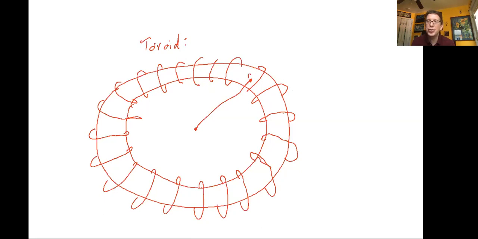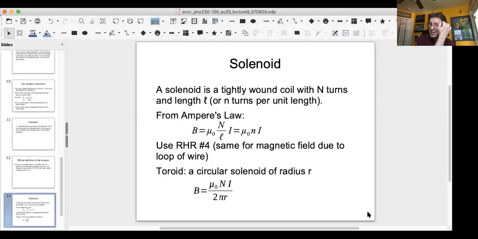Then it's constant to a good approximation. But the exact value of the magnetic field inside a toroid is equal to mu naught times capital N, the total number of turns, times I, the current going through those turns, divided by 2 pi r, where r is the radius of the point within the toroid to the center of curvature.